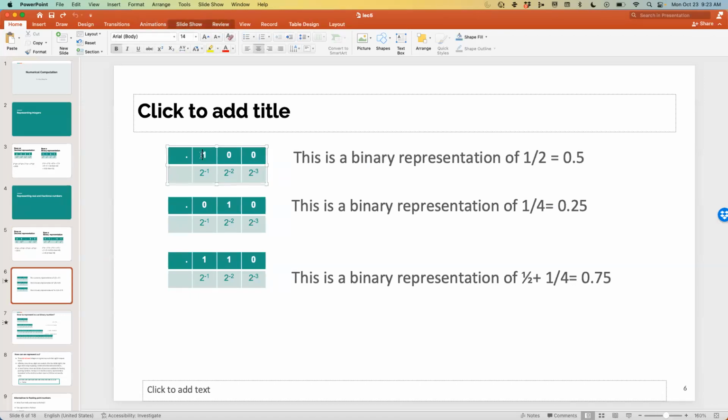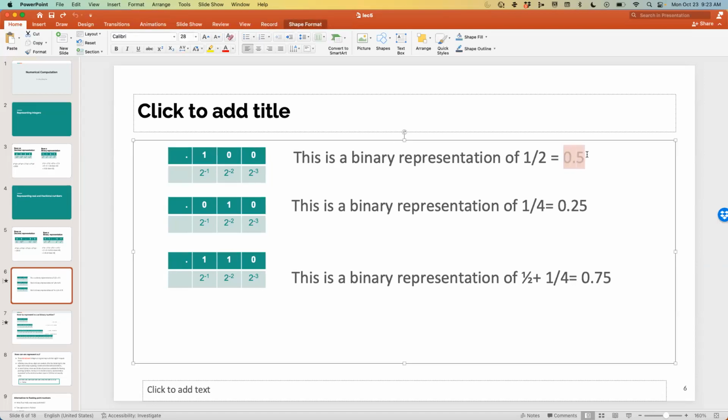Okay, let's look here. If we put 1 after the decimal, what does it represent? It will be 1 times 2 to the power minus 1, which means 1 over 2, equals 0.5. Now 0.5 is more than 0.1. That's not what we want.